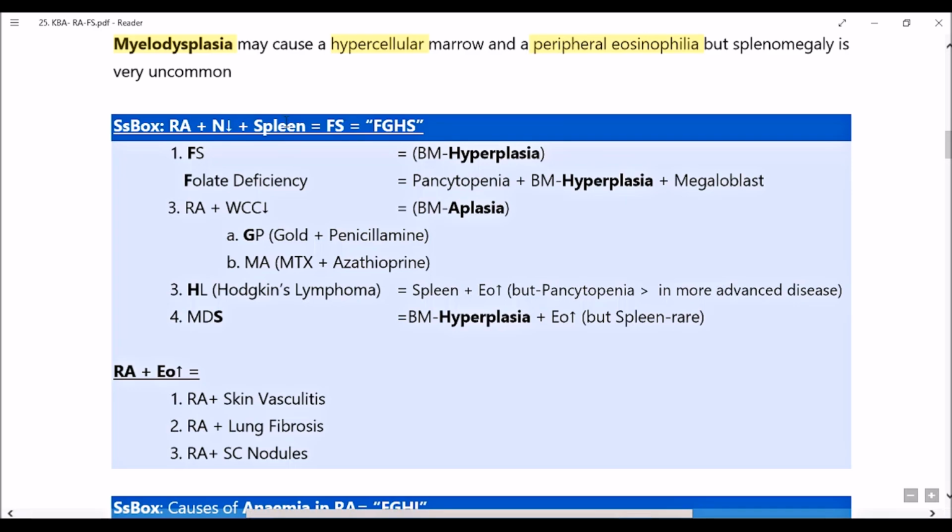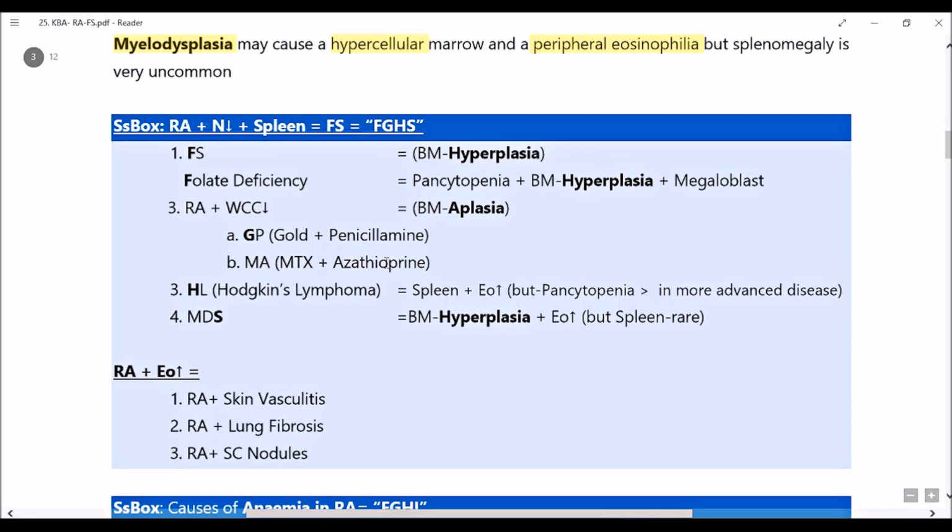So what is F for? Yes, Felty syndrome. The most important finding is bone marrow hyperplasia. And F for folate deficiency: pancytopenia, but with megaloblasts. And once again, in rheumatoid arthritis with total WBC reduced, G for gold and penicillamine, and MA for methotrexate and azathioprine.